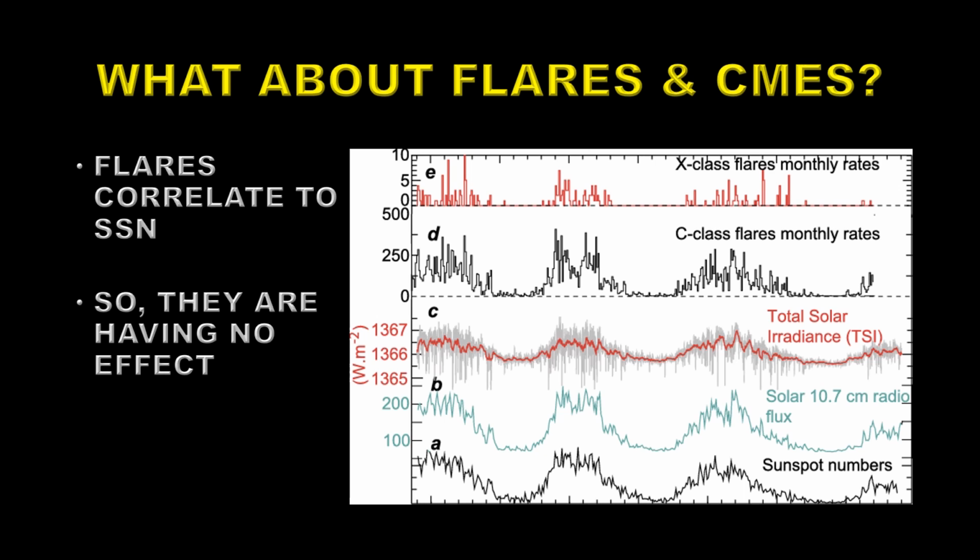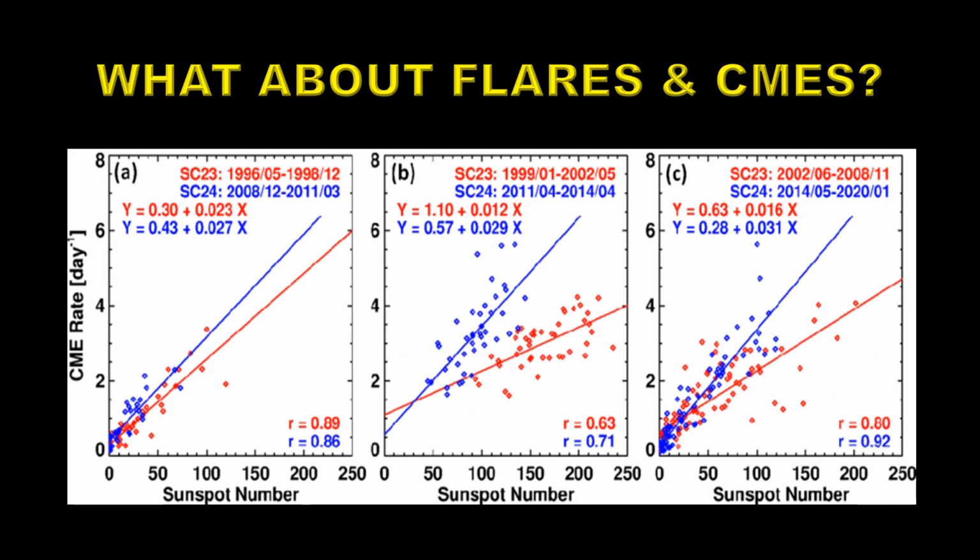So if they are correlated with sunspot number, then we can show that they would not be correlated with the global temperatures, and so they have no effect either. The same is true for coronal mass ejections. They're correlated with sunspot number, and interestingly enough in different ways depending on which cycle you go through, but nonetheless they are correlated. So they too are proven not to be affecting our climate, in particular our temperatures.